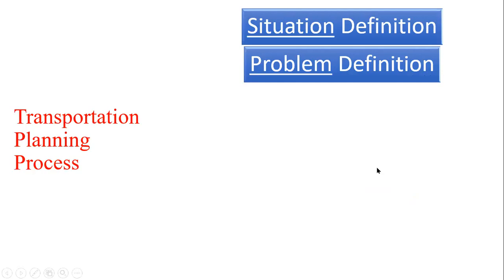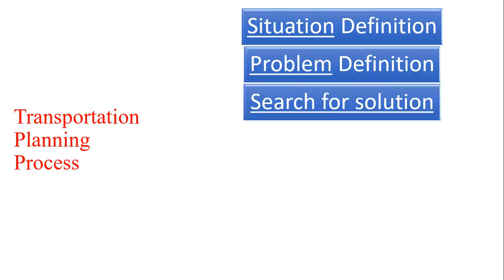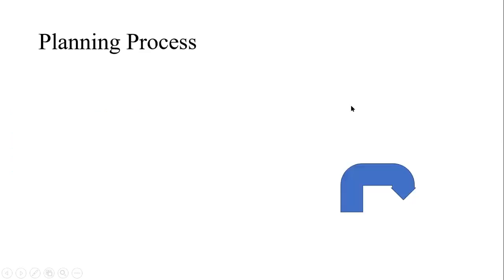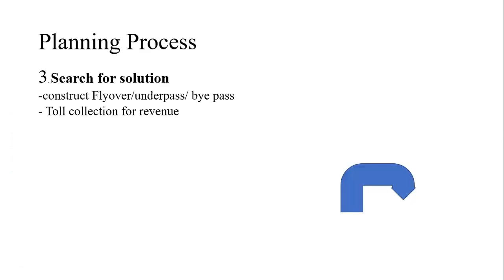The third step is the search for solution. When I say search for solution, we have these things in mind. Whether we go for constructing a flyover, we may go for having an underpass, we may go for an interchange, we go for a bypass, whatever we feel is appropriate at that place.